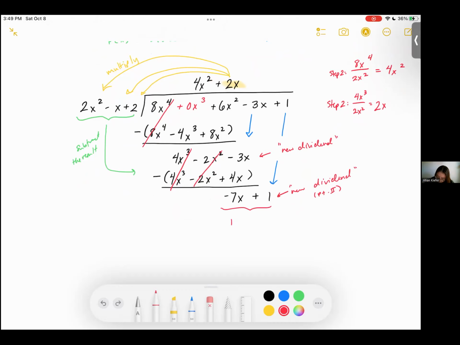So actually, we're going to write this just a little bit over here. The degree of the new dividend is 1, which is less than the degree of the divisor.